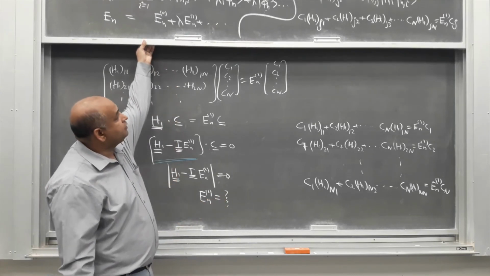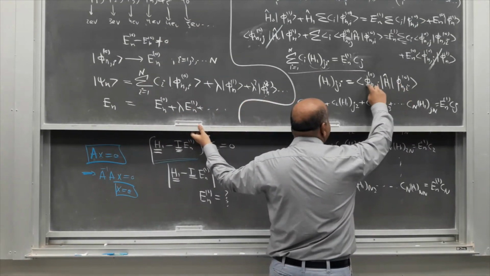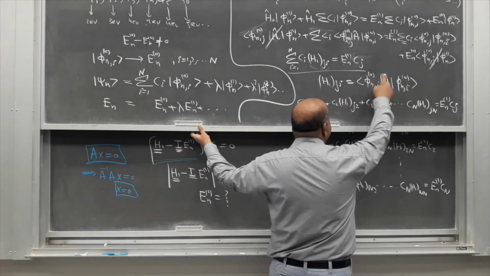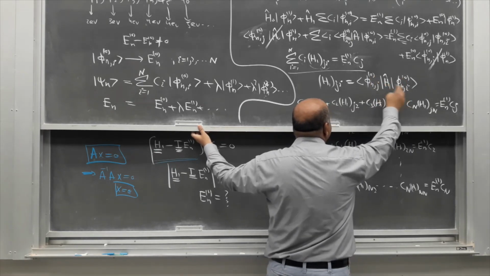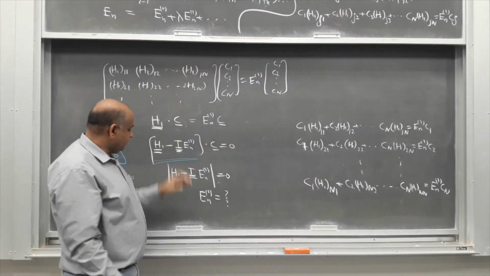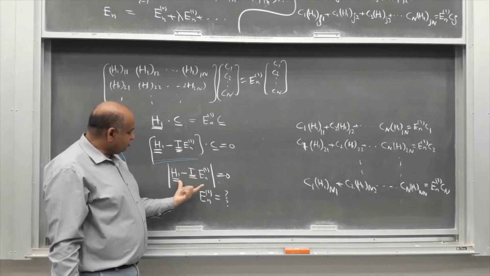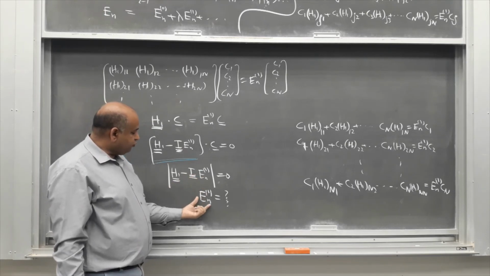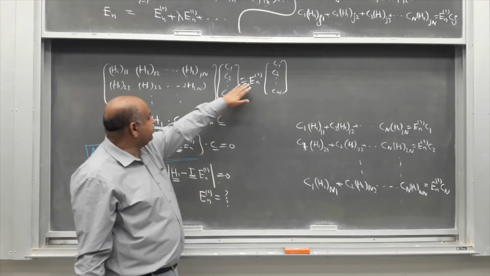Everything in H1 is known. H1 is nothing but these terms, since phi ni and phi nj are all known, because they are the eigenfunctions of H0, and we apply H1 on these to find these terms. Once we have these terms, this is simply identity. So we can solve this determinant to get En1. Once we have these energies, we put them here one by one.